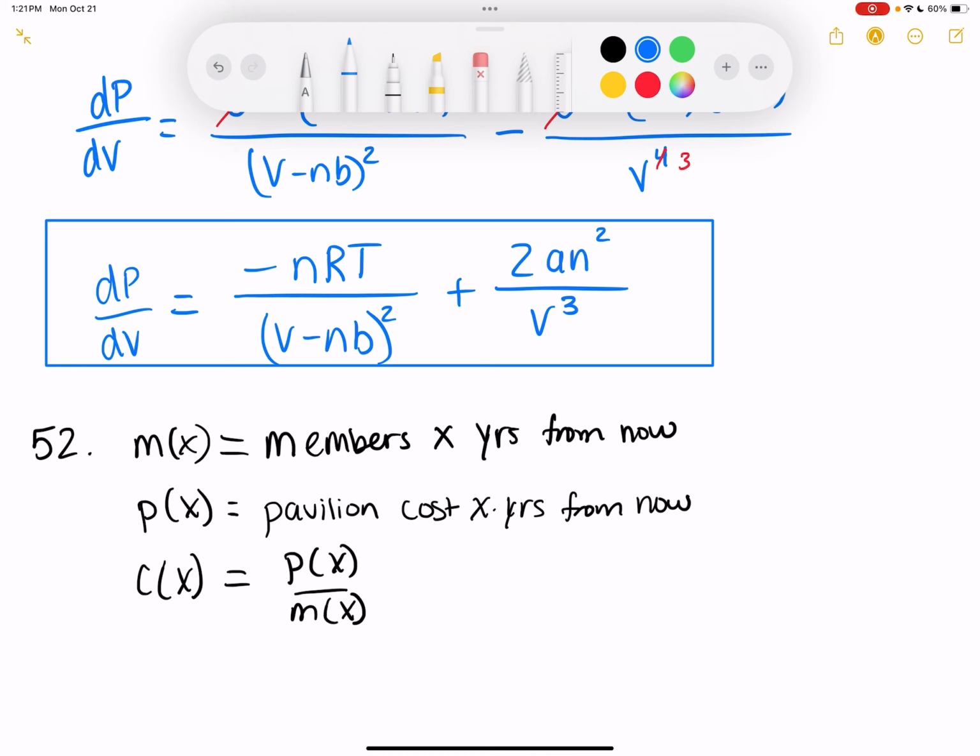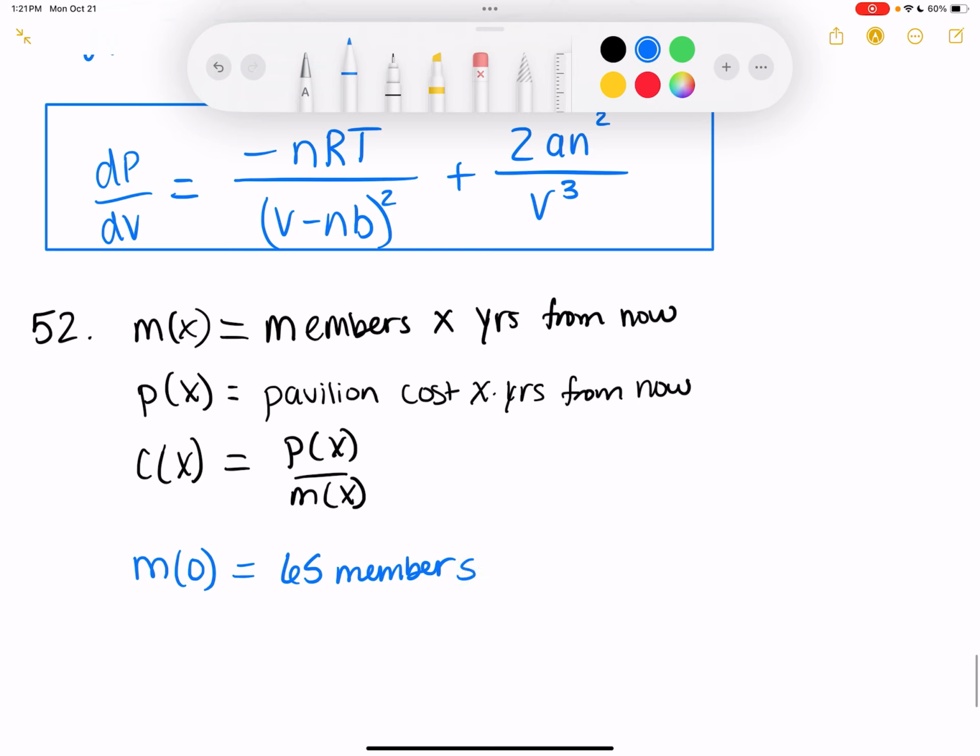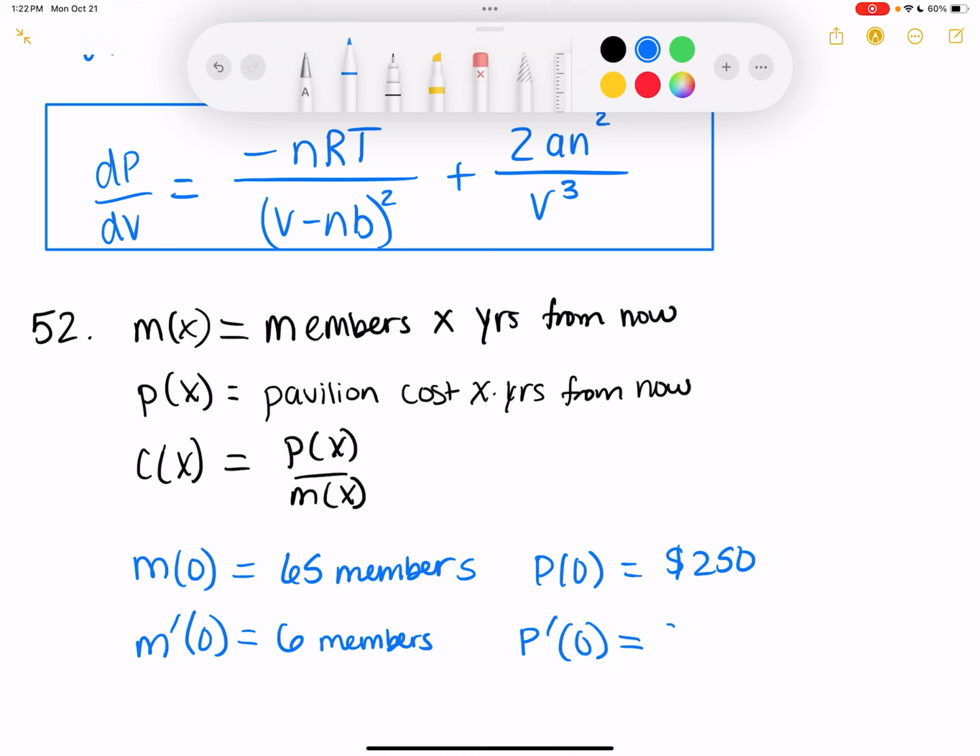So M of 0, meaning this is year 0, is 65 members. They're increasing at a rate of 6 members per year, so M prime of 0 is 6. The pavilion cost right now is $250. It's increasing at $10 per year.